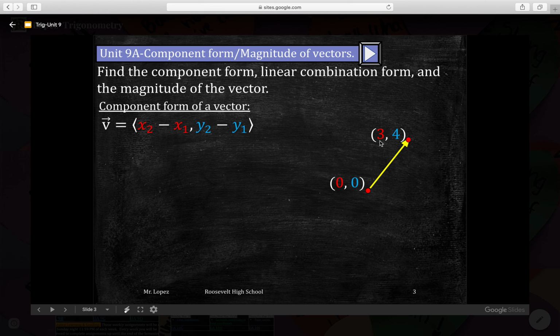So in this situation, it is going to be 3 minus 0. And for the y's, it'll be 4 minus 0. So 3 minus 0 is 3, and 4 minus 0 is 4. So the component form of the vector will be 3, 4.